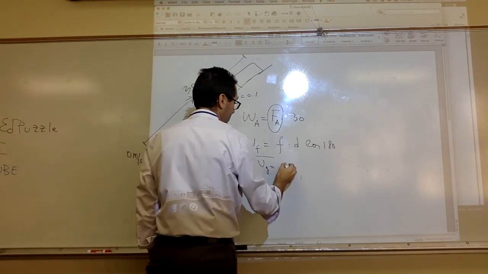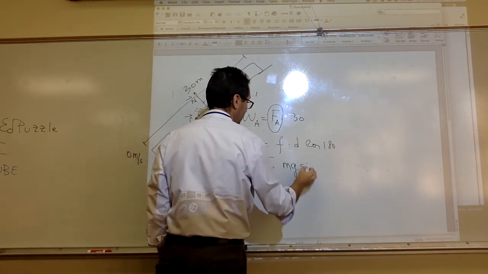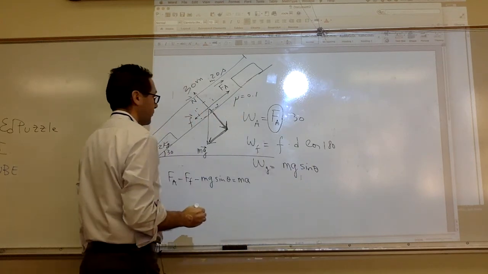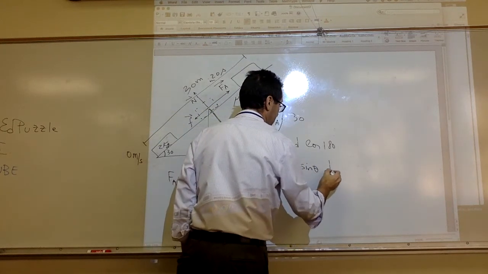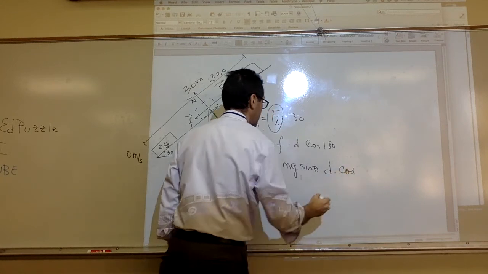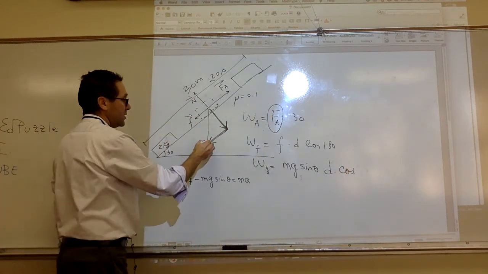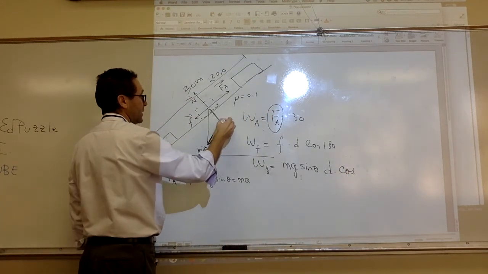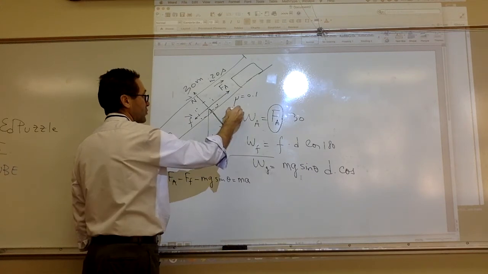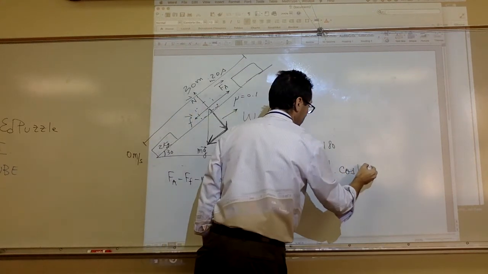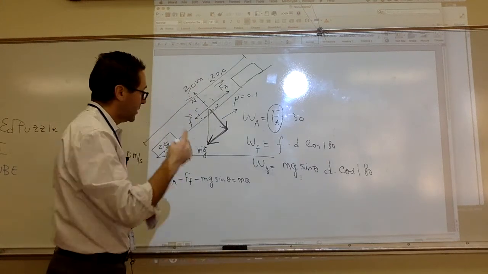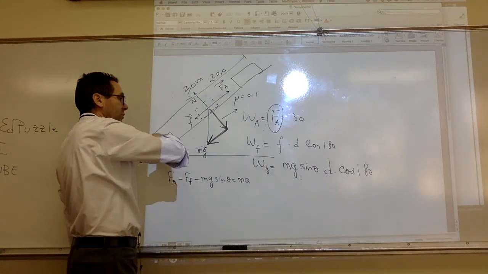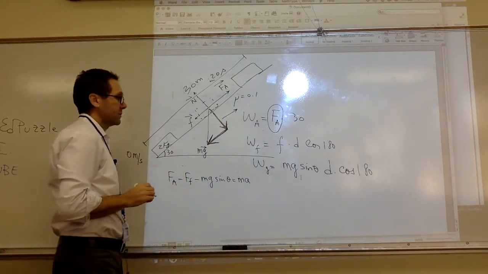So I can say only mg sine theta does work, and the distance is still d. Between the direction of the force and the direction of travel, there is 180 degrees. That's not always the case. Just imagine if this thing was sliding down the ramp, that angle would be 0 degrees.